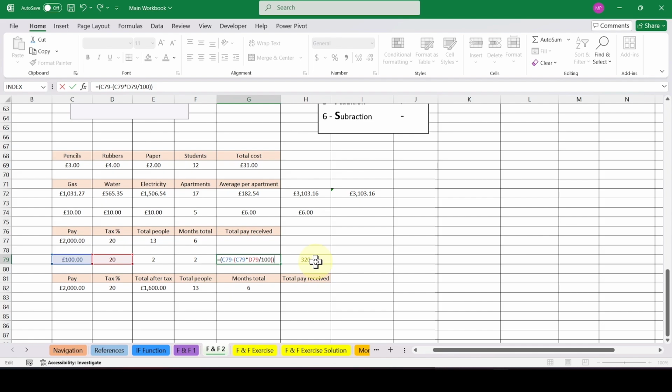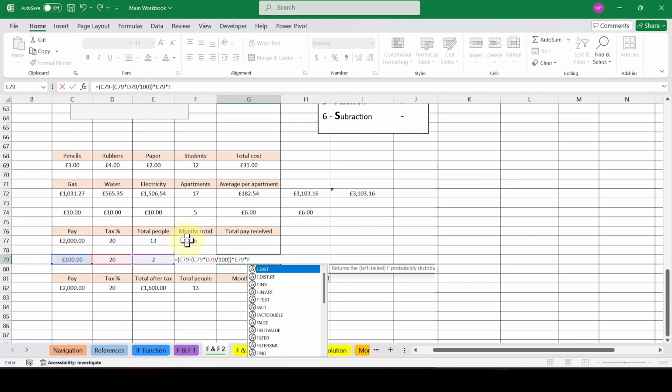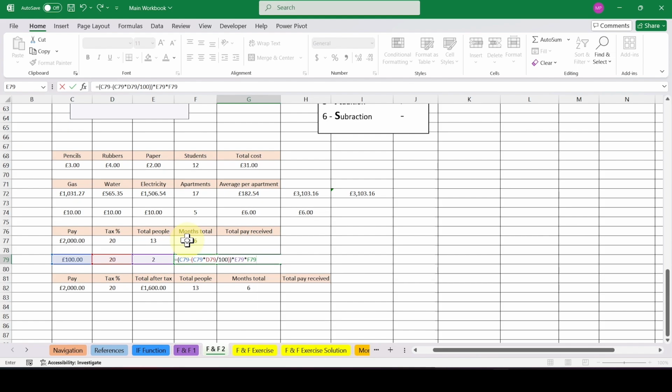Now what we can do is multiply by this amount here and multiply once again by the cell reference which is actually behind my formula, and I can see that it is F79 from this column and this row. So I will just type in F79. So on this occasion you do have to type it in, and at this point this formula is ready to go.